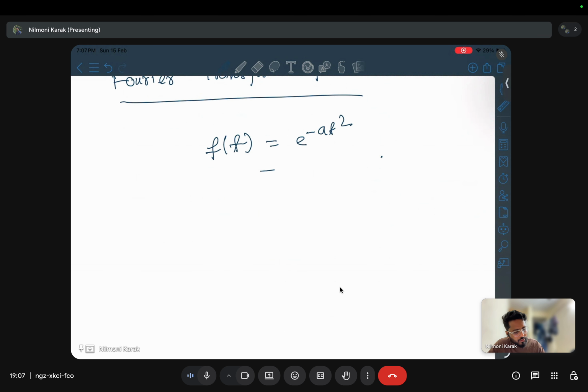I am not going to prove it, as in the lecture video it is already done. The Fourier transform is root pi by a, e to the power minus x square by 4a.